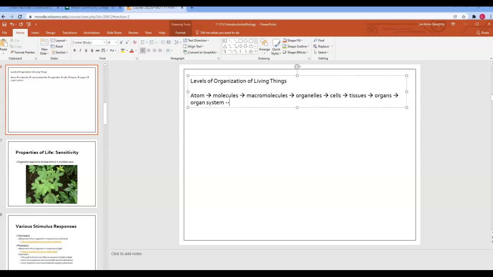We have 11 of those in the human body. I'll name them. I'm not going to type them all out, but we have, let's see, there's 11. So we have the reproductive system, the endocrine system, the nervous system, the respiratory system, the digestive system, the cardiovascular system, the muscular system, the skeletal system, the urinary system, and the lymphatic system.